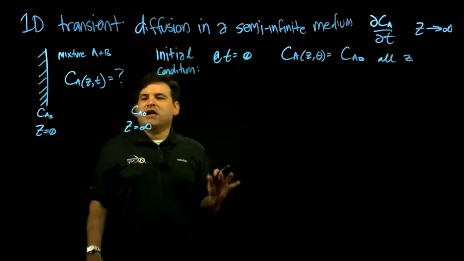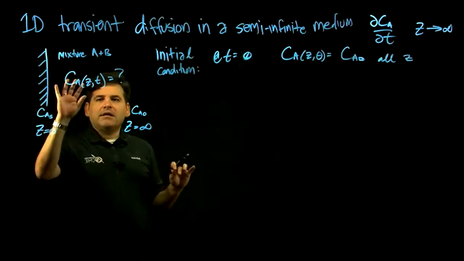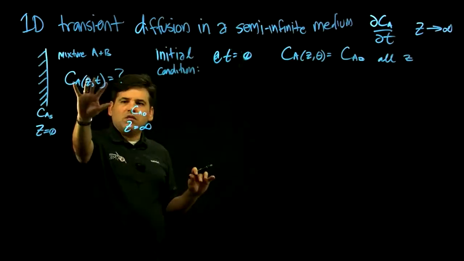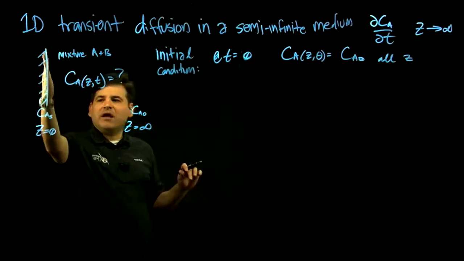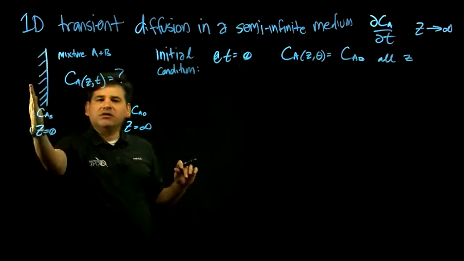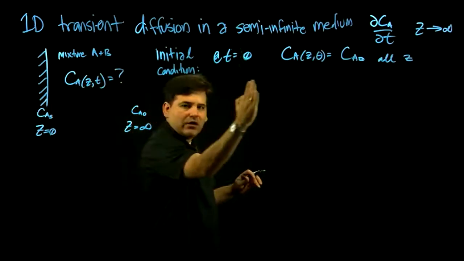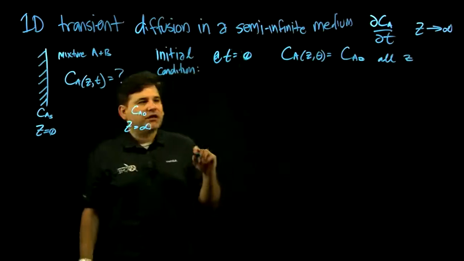Then that's for the time, and then at the spatial boundaries, you have the surface in one dimension, and then you keep on propagating out in this one dimension all the way to infinity.